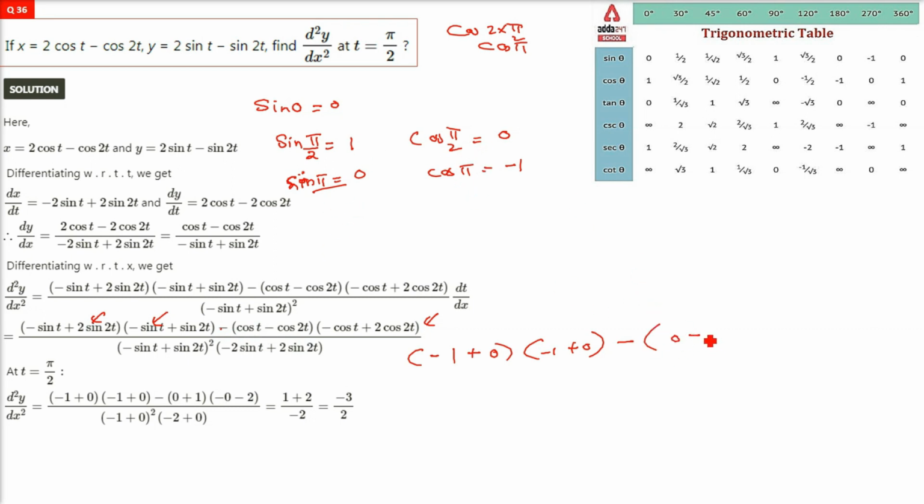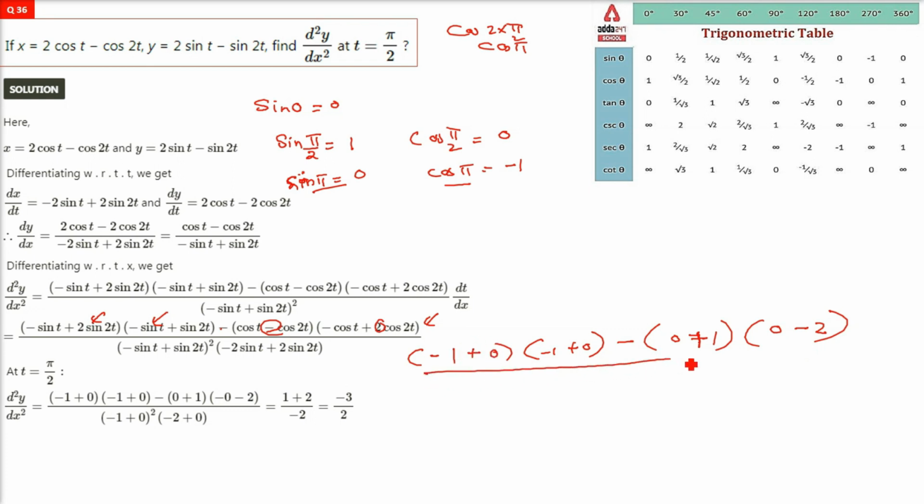Then we have cos 2t, that is cos 2 into pi by 2, cos pi, is going to be negative 1, and since you already have a negative here, it is cos t minus cos 2t, so negative with a negative will be positive 1. Minus cos t, again cos t is cos pi by 2, so you can just write 0, minus 0 is no value. So we have twice of cos 2t, and because cos pi is minus 1, minus 2 will come.